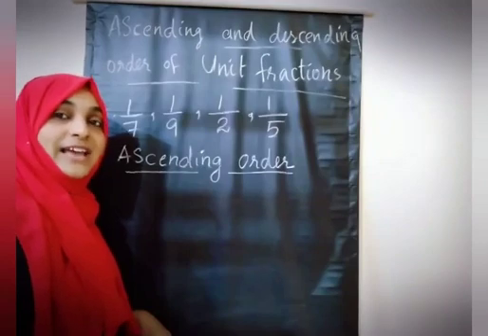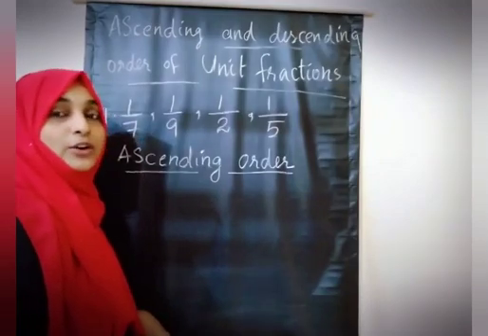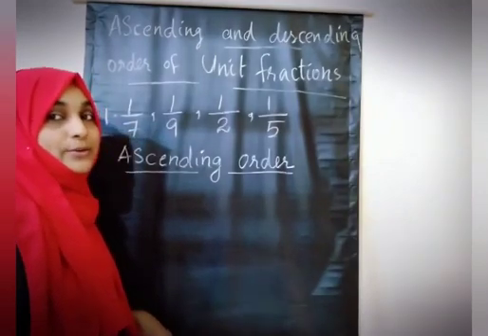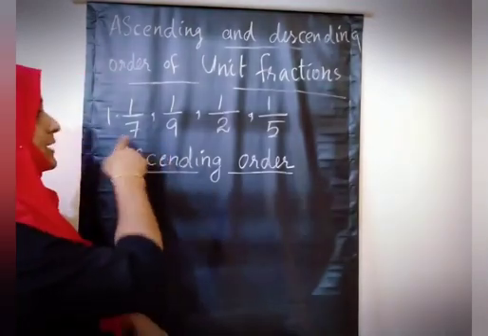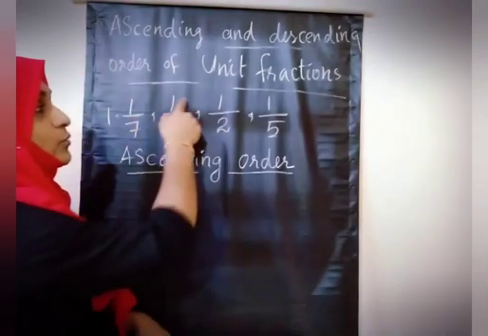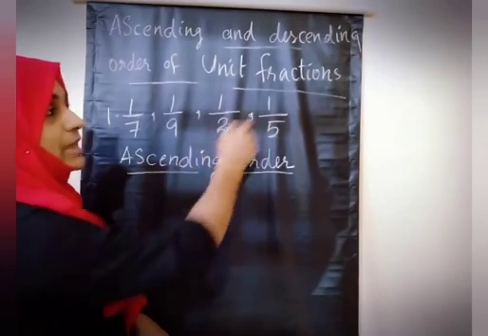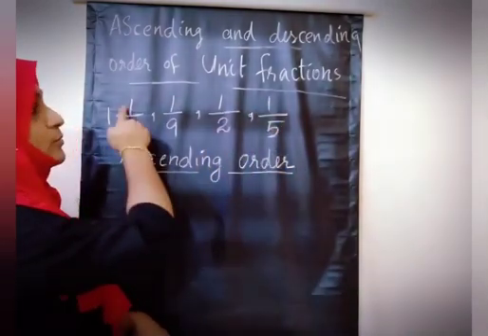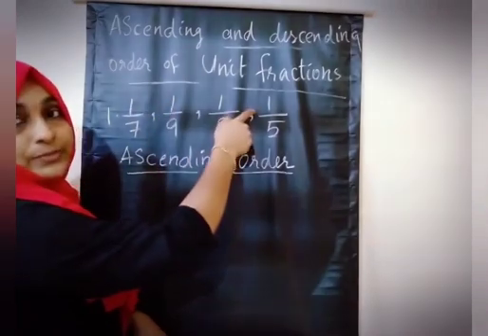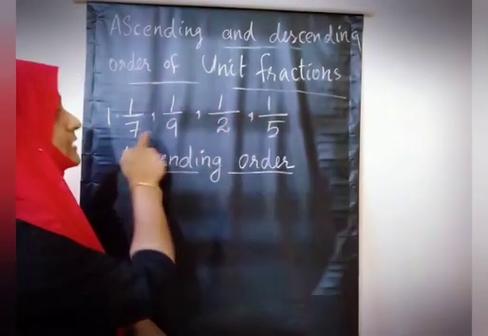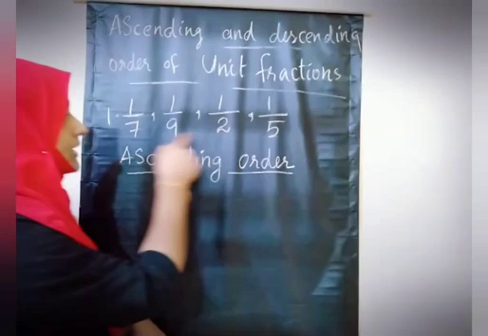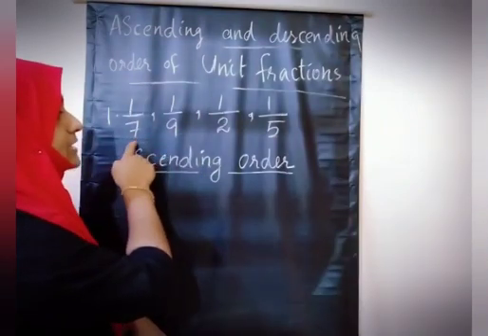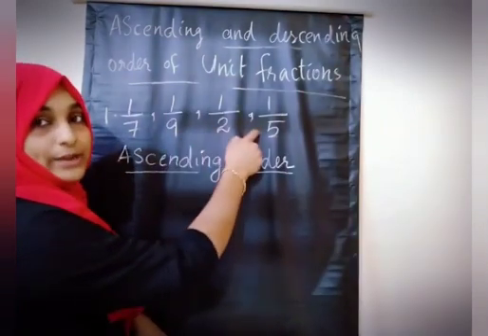Next topic is ascending and descending order of unit fractions. Let us see one example. 1 by 7, 1 by 9, 1 by 2 and 1 by 5. In the unit fractions, the numerators are 1. So, here we consider the denominators. Here the denominators are 7, 9, 2 and 5.